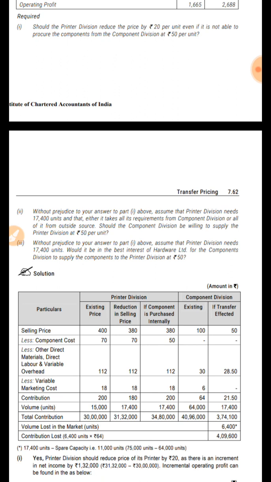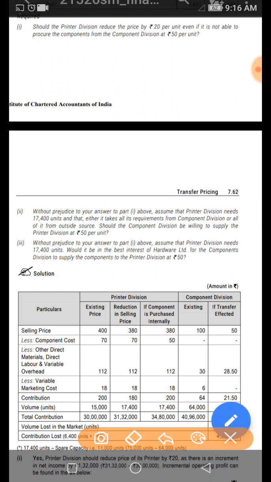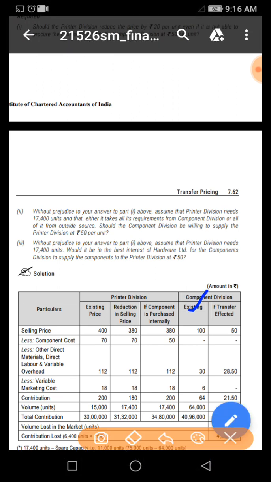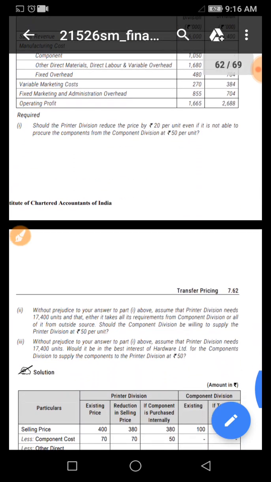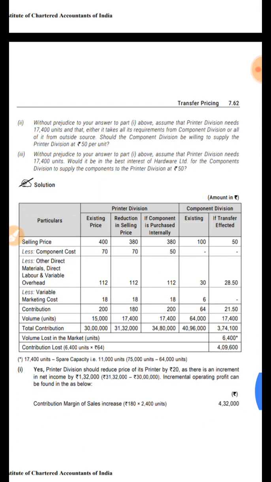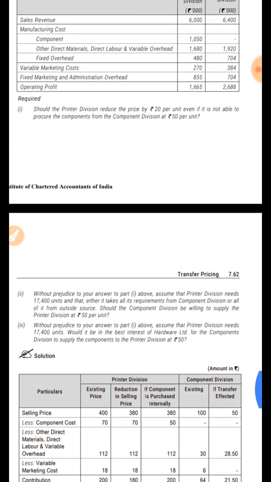And in the component division, if it is continuing to sell to outsiders, or if the transfer is affecting, how will it affect the component division? So I'll find out the total contribution.